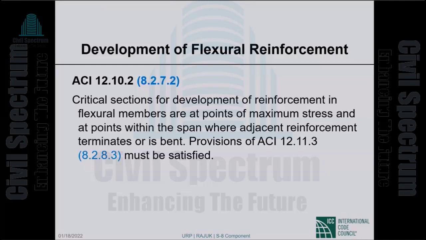That gives you a critical section right at that location.